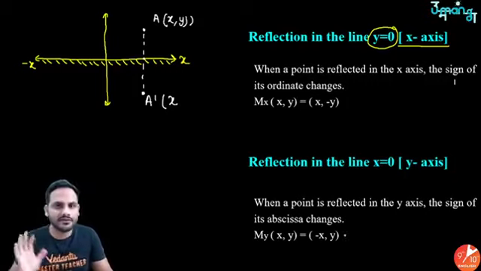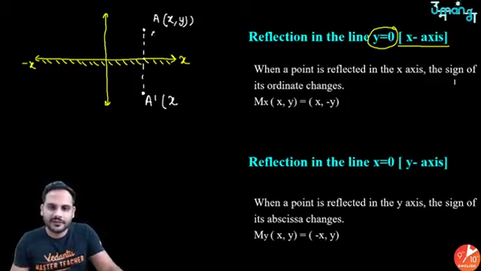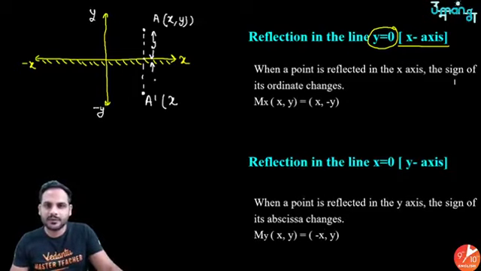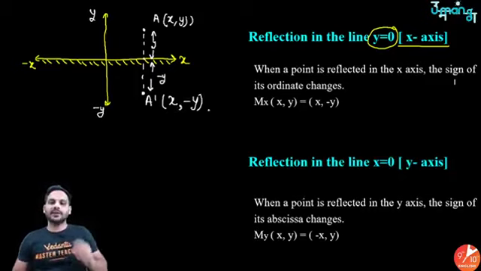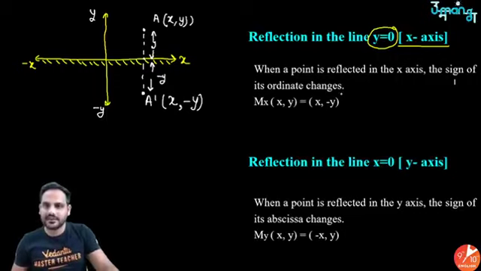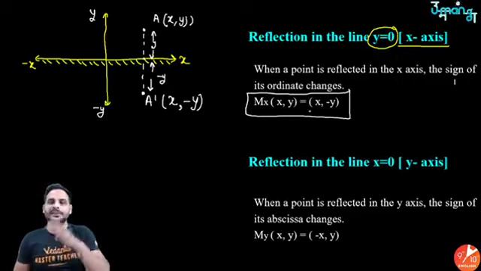Now if this distance was y, which was the y coordinate, this distance will be in the negative y direction, so it will be minus y, so the y coordinate will change its sign. So whenever we do a reflection along x-axis, remember x coordinate remains same, y coordinate will change the sign.